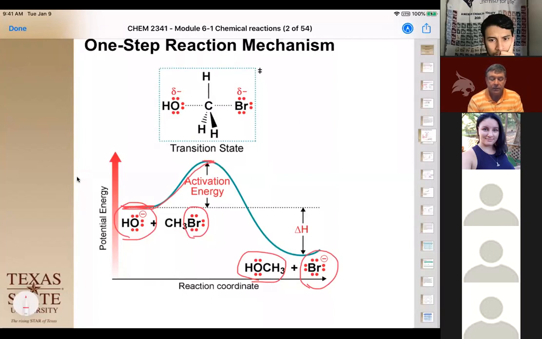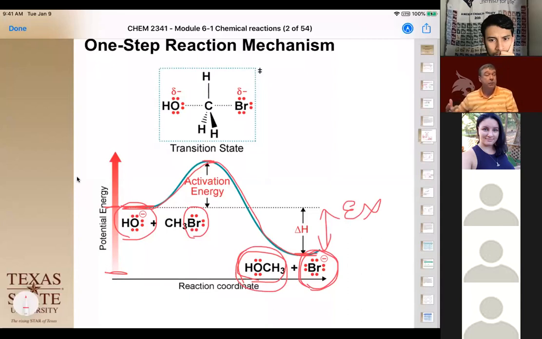And if it gives off heat, if our potential energy is lower here, that makes it exothermic. And so that means this happened all in one step. All you had to do was add component A, component B, and some kind of energy to overcome that activation energy barrier.